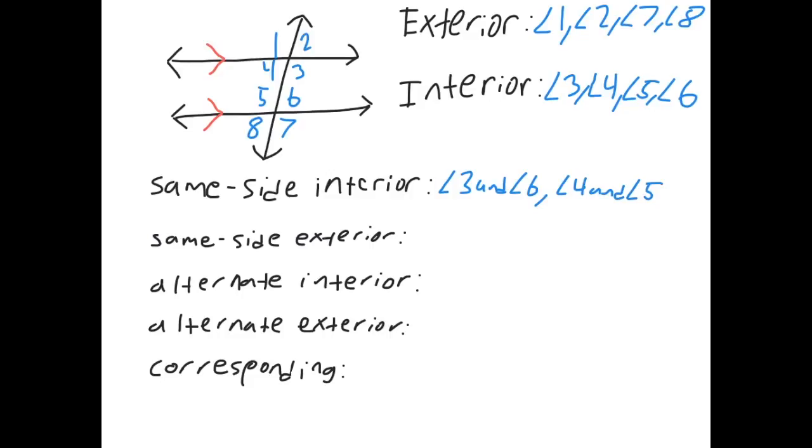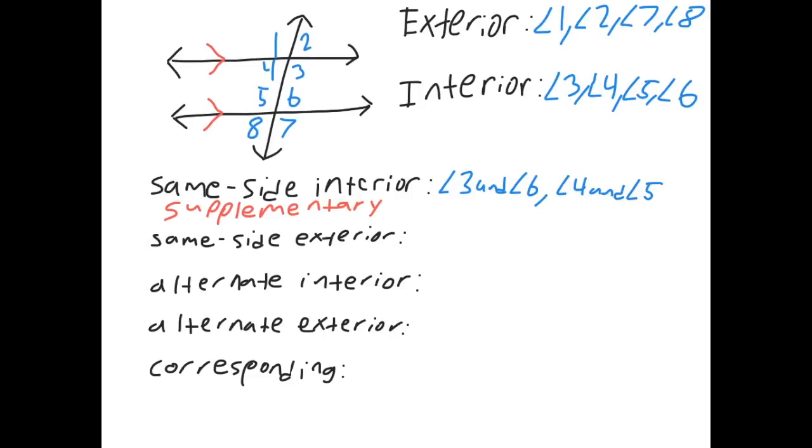And same side interior angles are supplementary, meaning those two angles will add to 180 degrees. So if you add angle 3 and angle 6, they will add to 180 degrees. Same with 4 and 5.